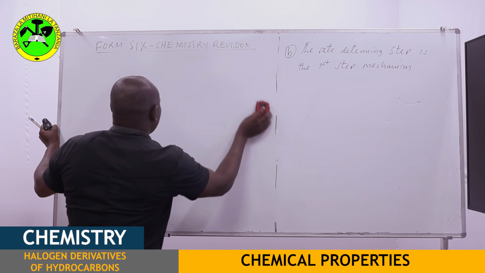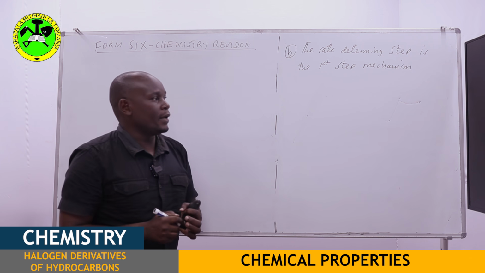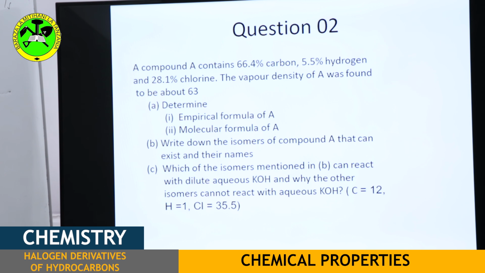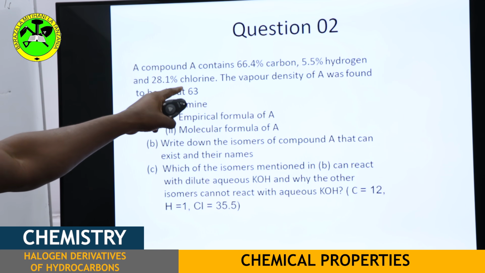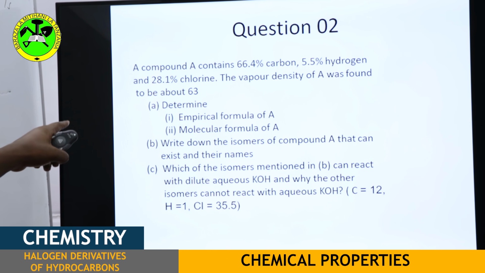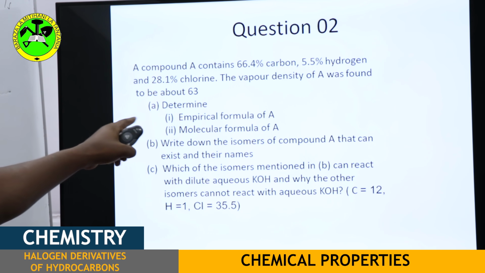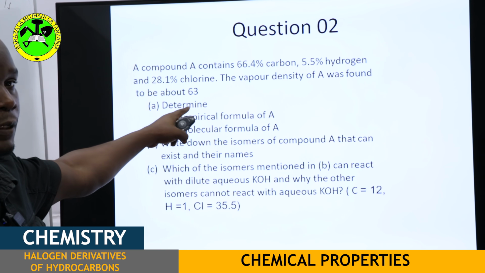In the second example, we have a question which states that a compound A contains 66.4% carbon, 5.5% hydrogen, and 28.1% chlorine. And the vapor density of A was found to be 63.